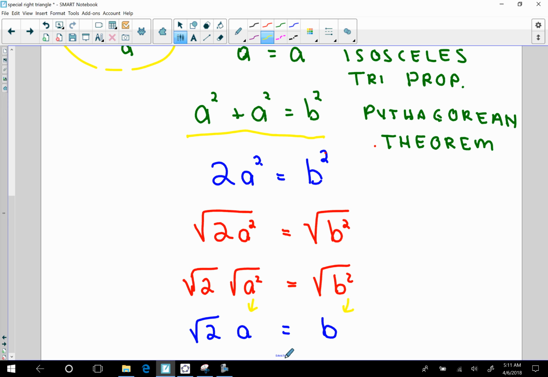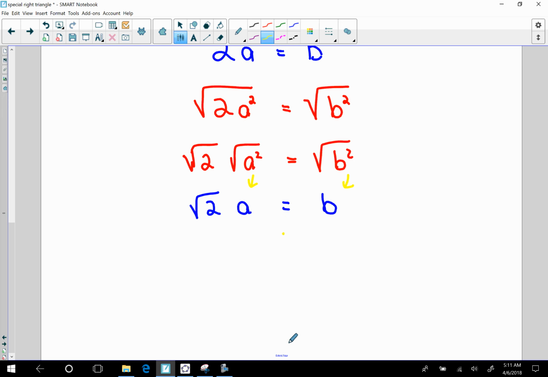B. So what does that tell me? That tells me that B, the hypotenuse, is square root of 2 times the leg in a 45, 45, 90 triangle.